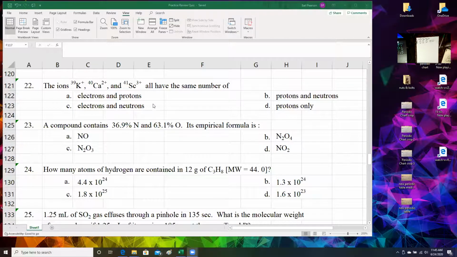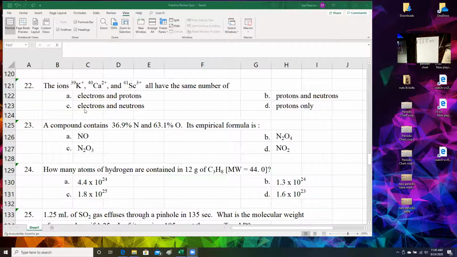That would be C. They don't have the same number of protons. One had 19, 20, and 21. And protons only would certainly not work. So anything with protons, these two can't be right because they're different elements. Well, if I can eliminate protons, I eliminate all the answers but one. And, you know, actually that's probably the easiest way.